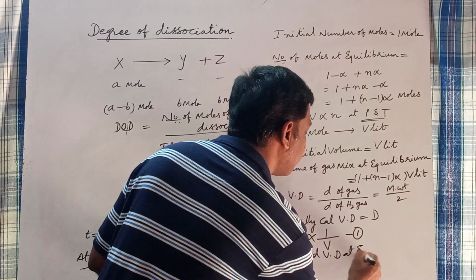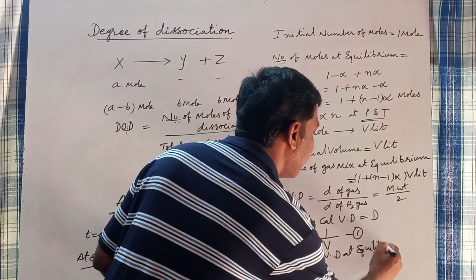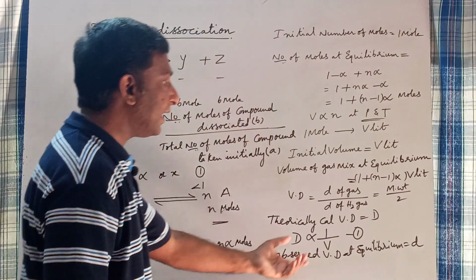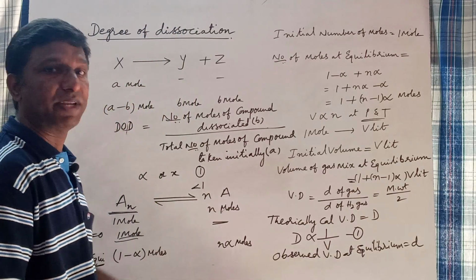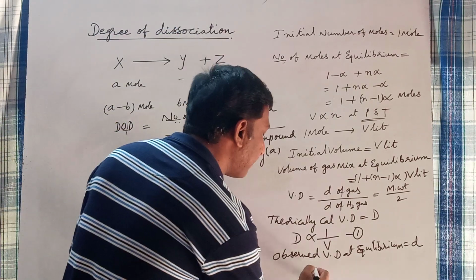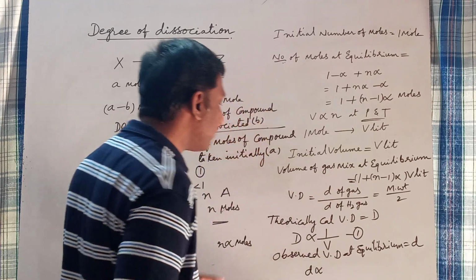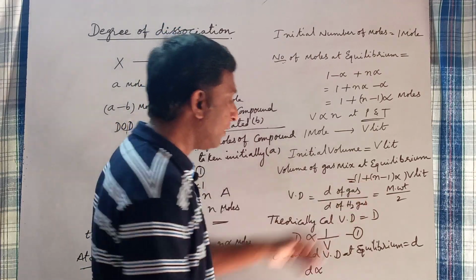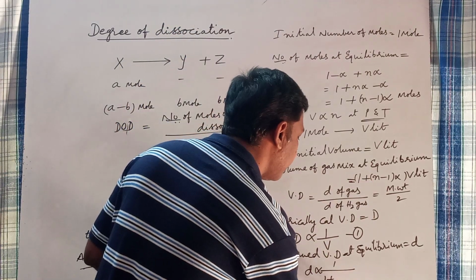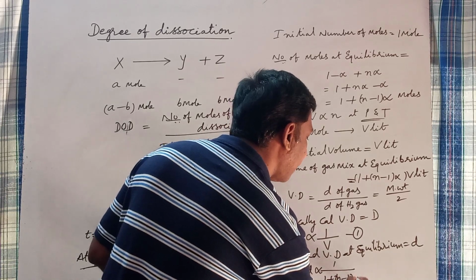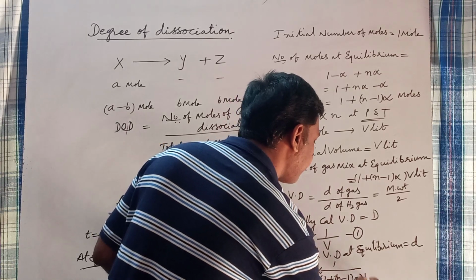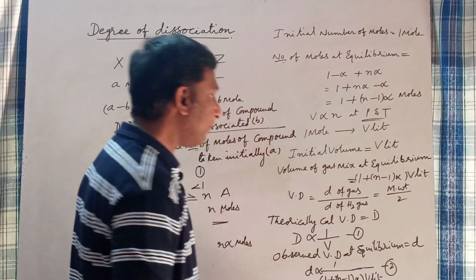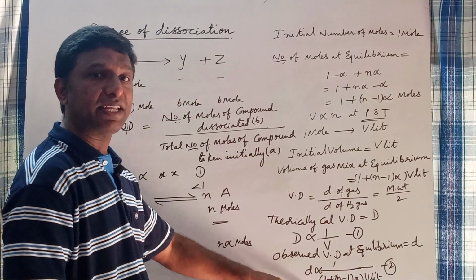This is the vapor density of the mixture at equilibrium, which is inversely proportional to the volume of the gaseous mixture at equilibrium, [1 + (n − 1)α] × V liters. This is equation 2.